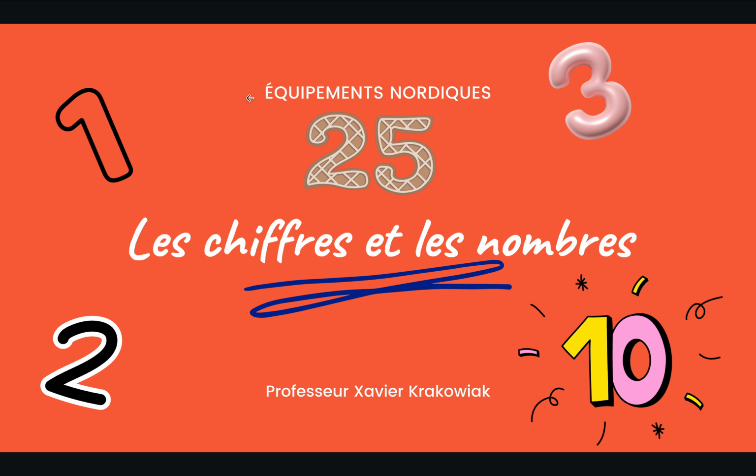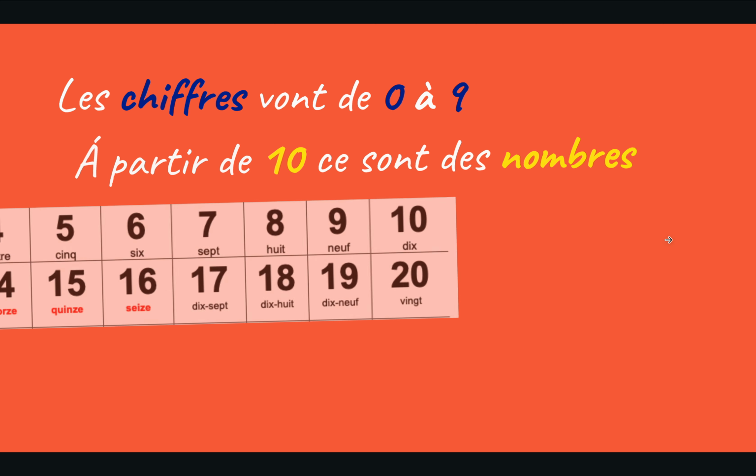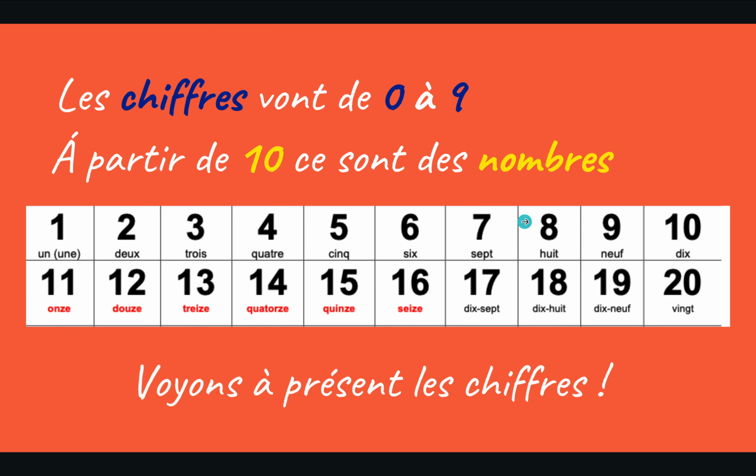French courses video. Today we're gonna learn about the numbers, les nombres en français, les chiffres et les nombres. Les chiffres, the digits, and les nombres, the numbers. We'll start with a few basic information about digits and numbers in French.